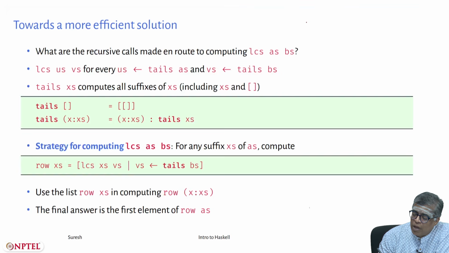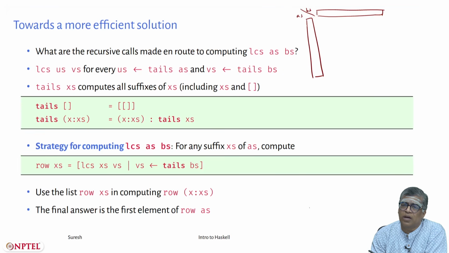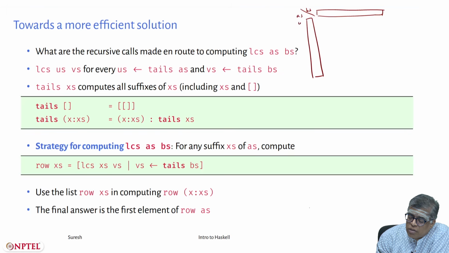So if I set out this is S, and if I consider 0, 1, 2, 3 dot dot dot, what is the cell entry here?